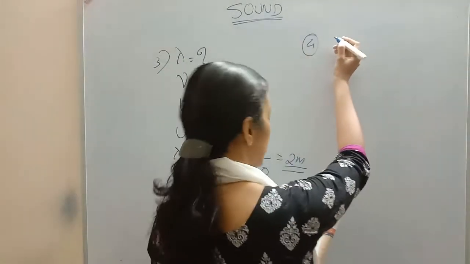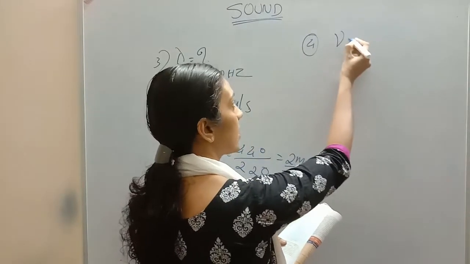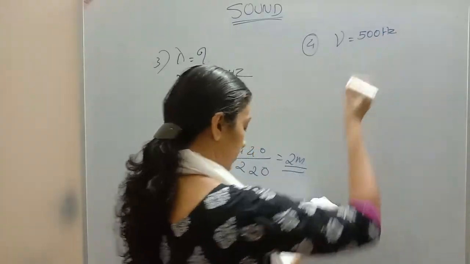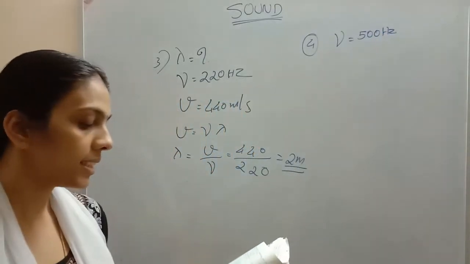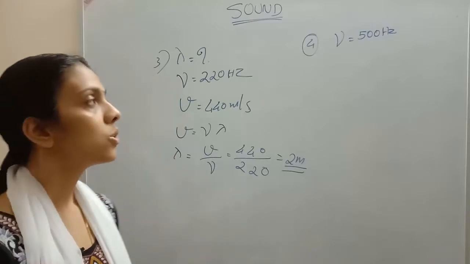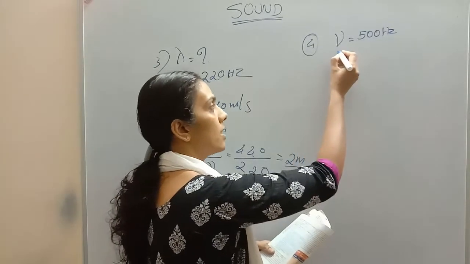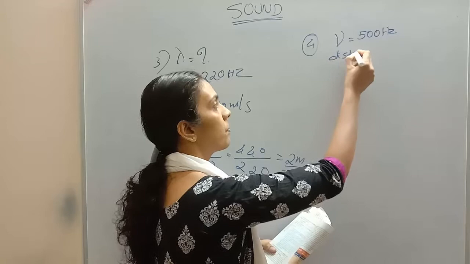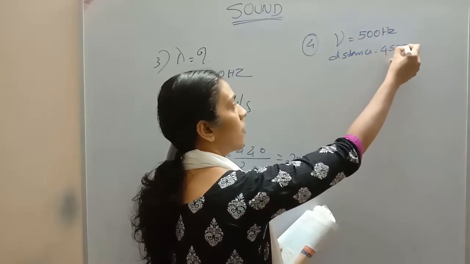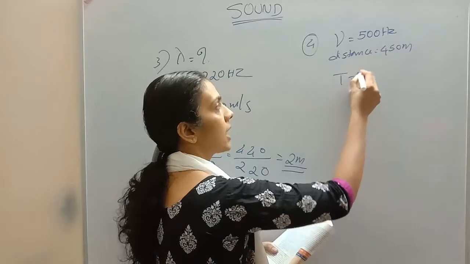We should calculate the time period. Frequency is given as 500 Hz, and the distance is 450 meter from the source. What we need to find out is the time period.